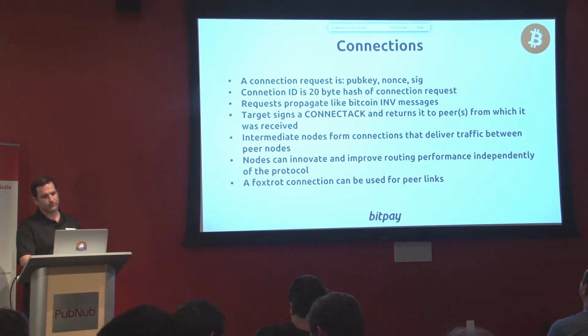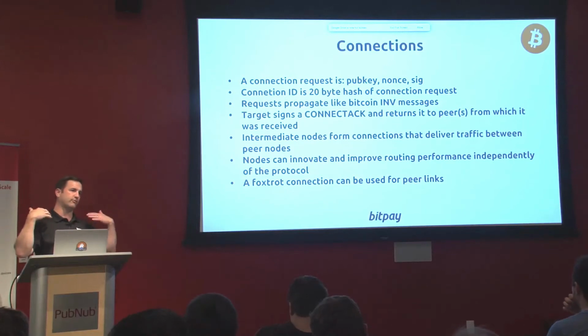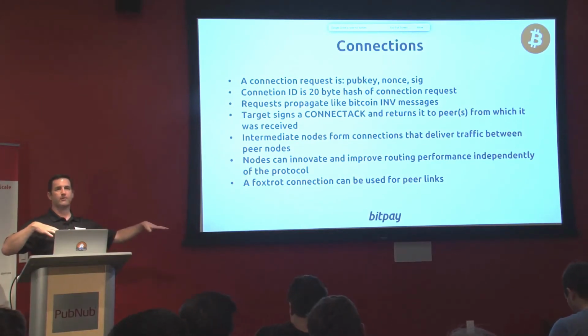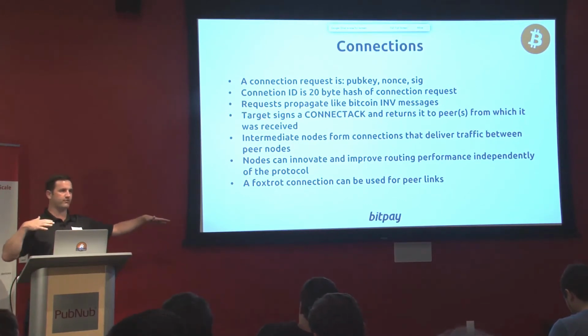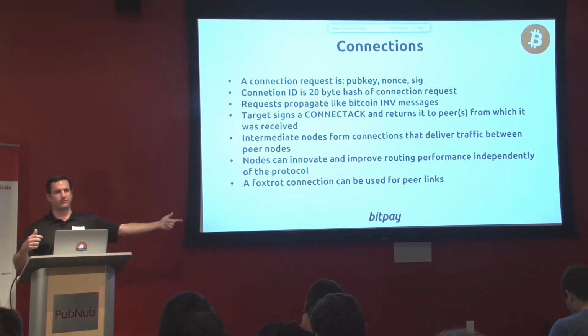And we're trying to think about the economics of this so that a node makes more money the better job they do at routing. And then the last point here: you can actually form a peering connection using a Foxtrot connection. So once you've plugged in and peered up with some nodes on regular TCP/IP, let's say, you can then form a Foxtrot connection to some other node somewhere, and then use that as a peer.